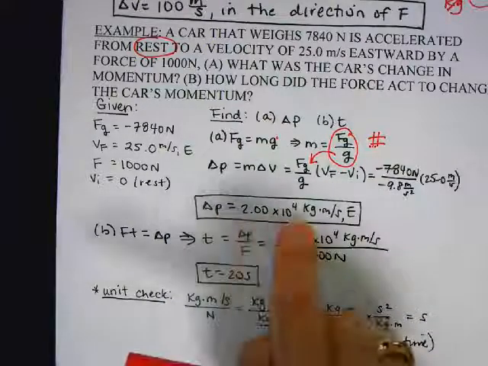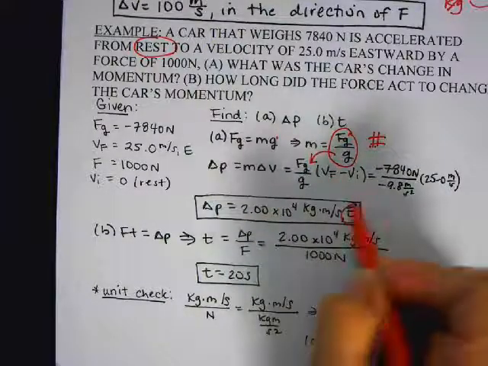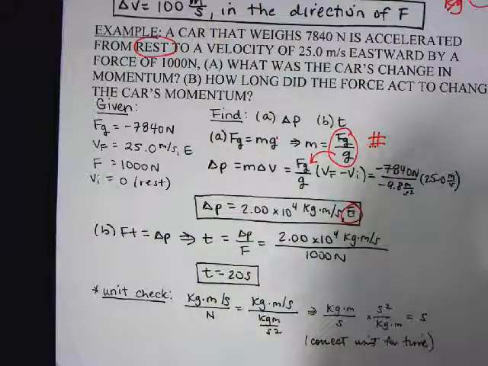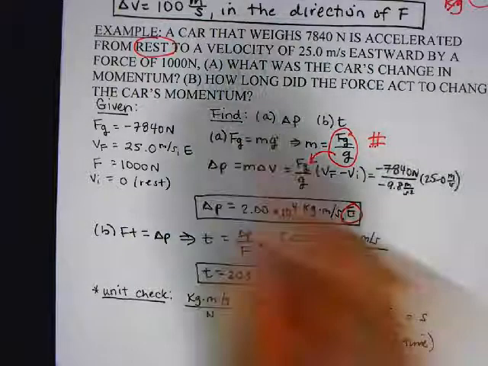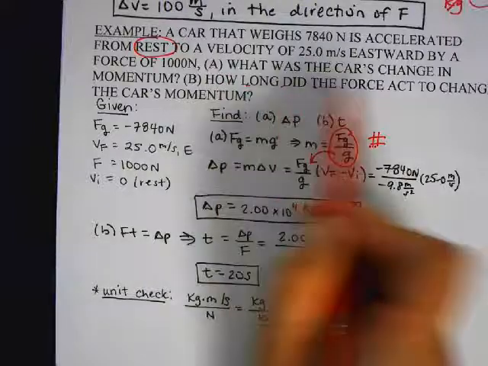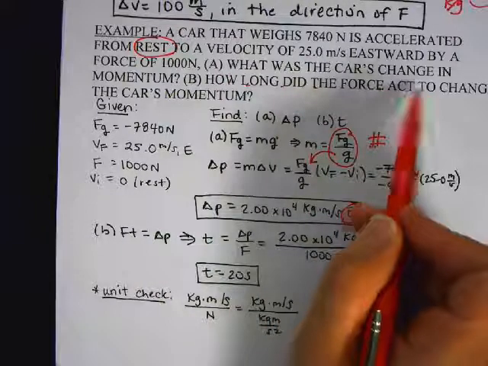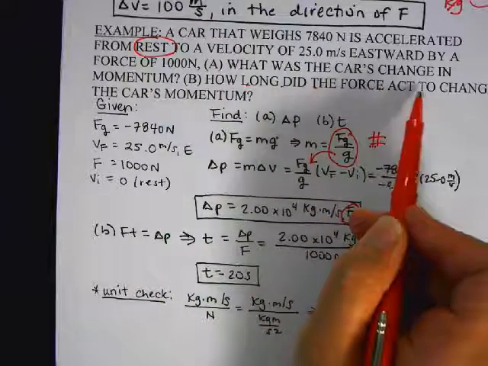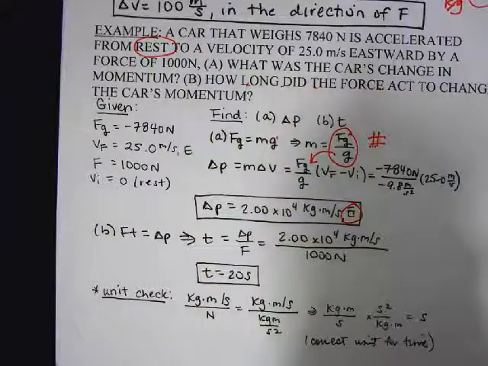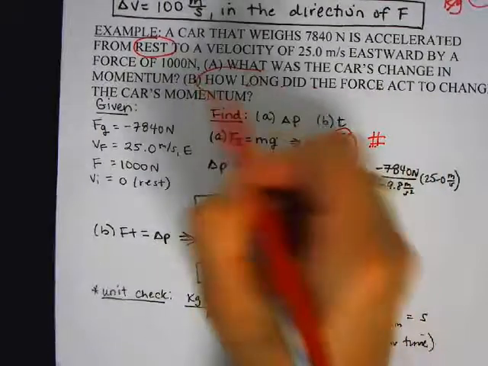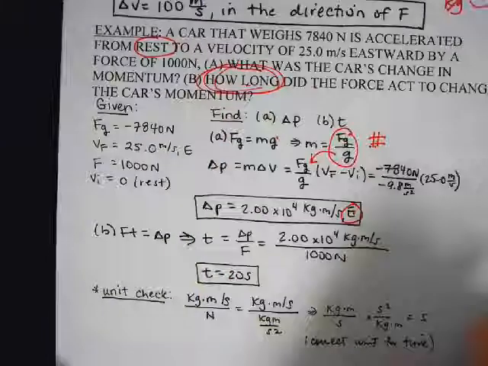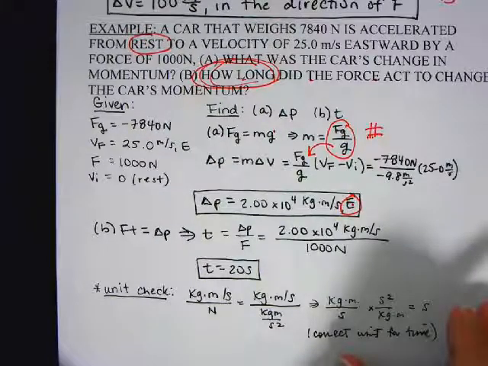So then I find it. And now the direction east, remember the direction is in the same direction as the force. Part B says, how long did it take the force to act to change the car's momentum? So now, how long? That means the time, okay?